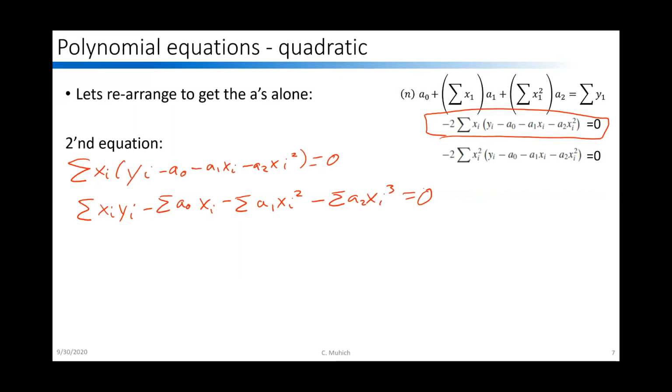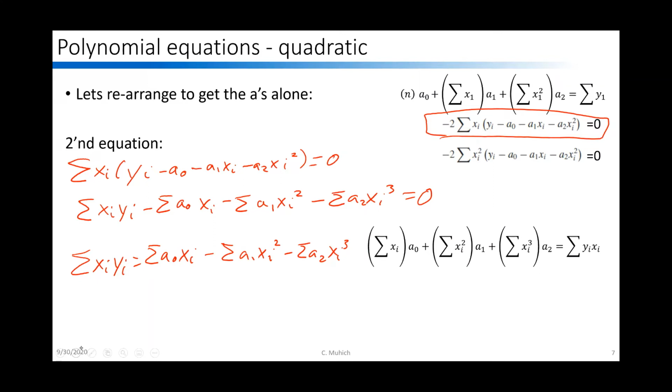Now I can once again separate everything that has an A to one side, everything that doesn't have an A to the other side. When I do this, I have my sum of xi yi equals the sum of A0 xi plus the sum of A1 xi squared plus the sum of A2 xi cubed.